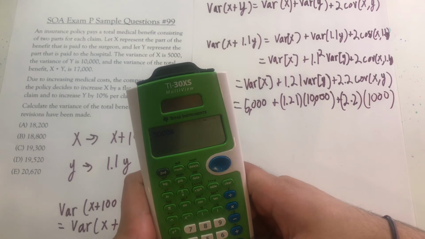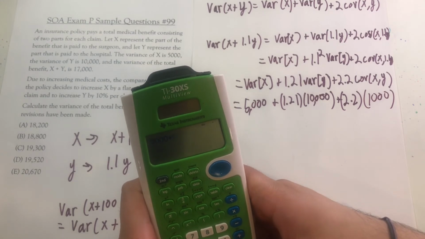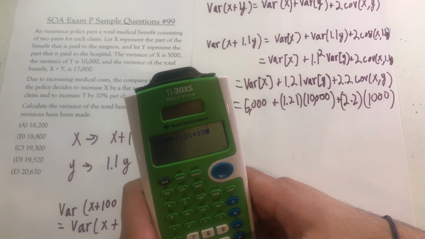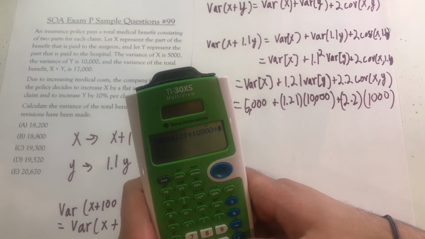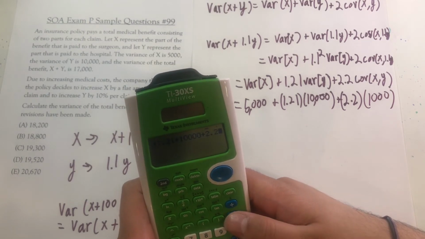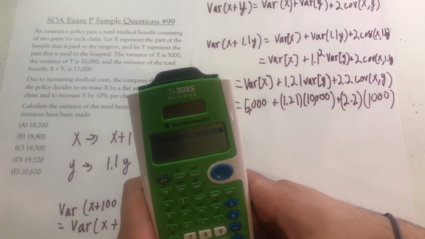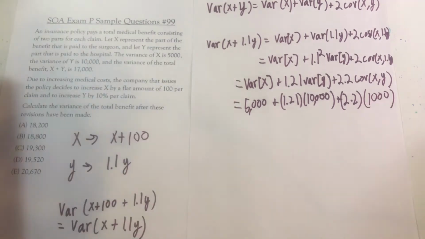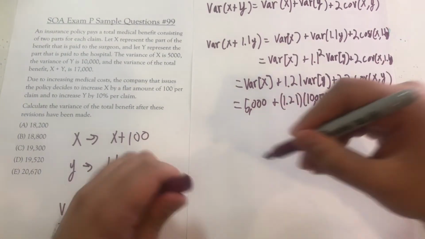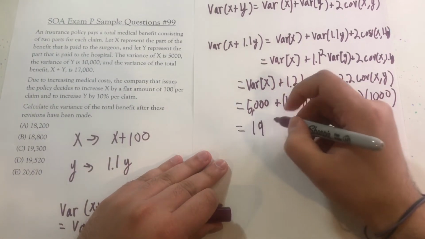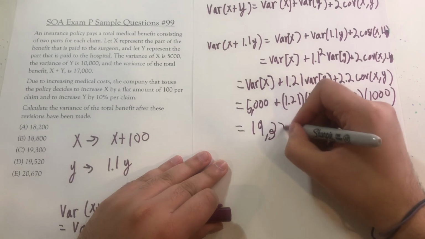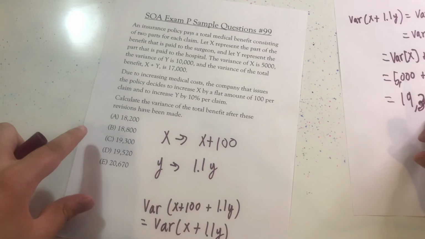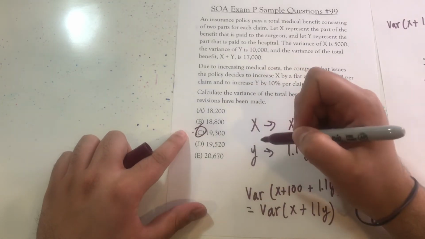So 5,000 plus 1.21 times 10,000 plus 2.2 times 1,000. And that's equal to 19,300. And that lines up with answer choice C.